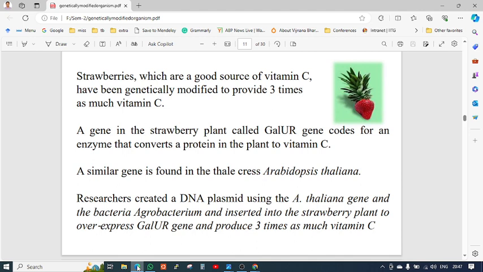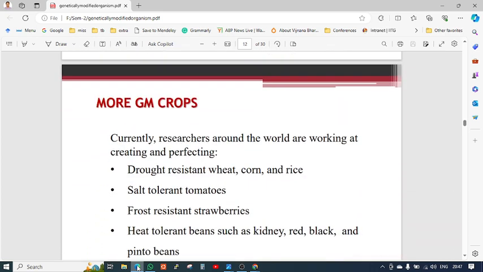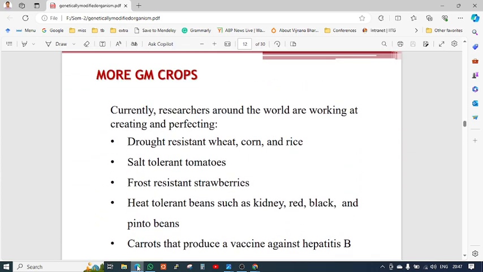Just remember the strawberry which is genetically modified to increase vitamin C, and rice which has increased vitamin A. These are more examples of GMO plants.